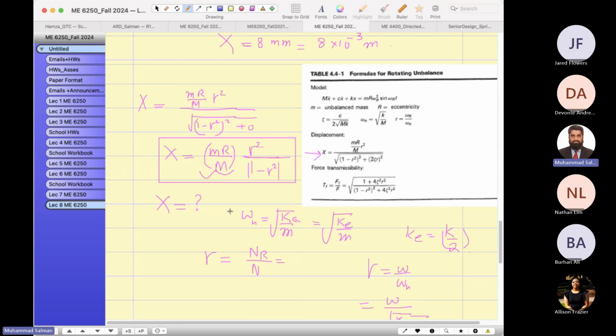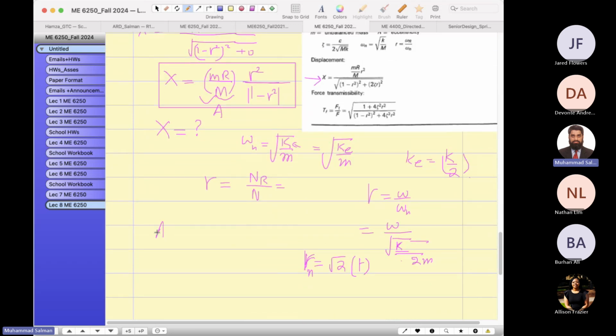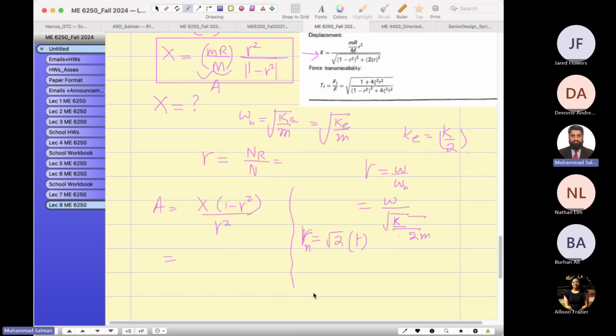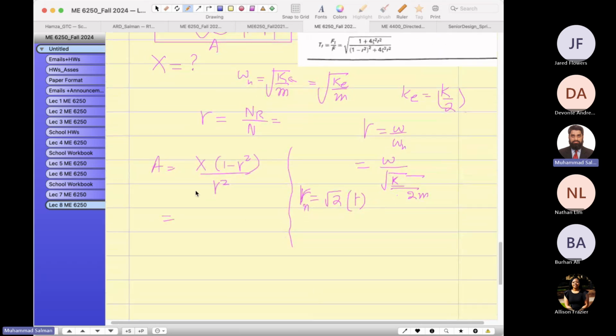So if you find this variable, suppose it is A, what is A in terms of this formula? A equals X times (1 minus r square) over r square. Agreed? So let's plug it in. Let me write it down here. So what is my A?